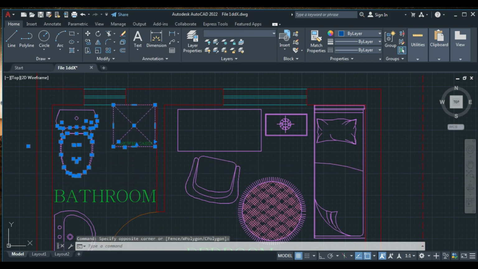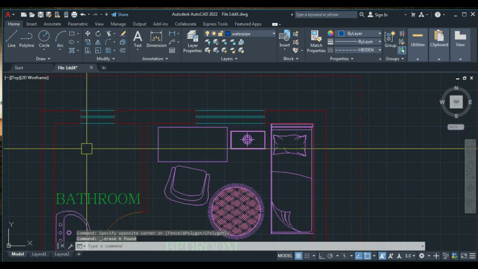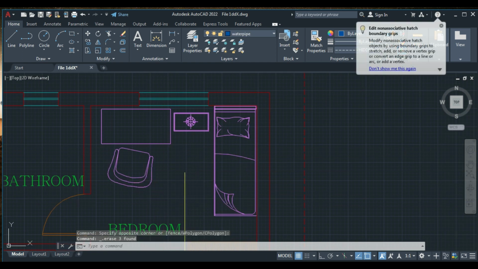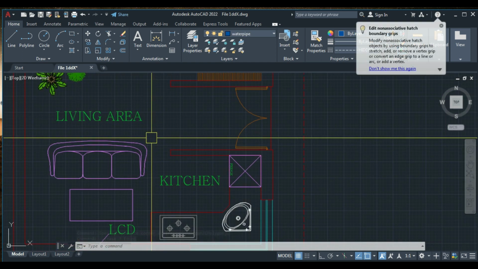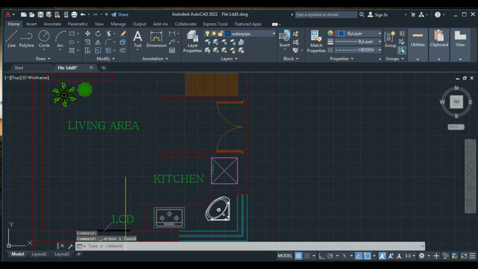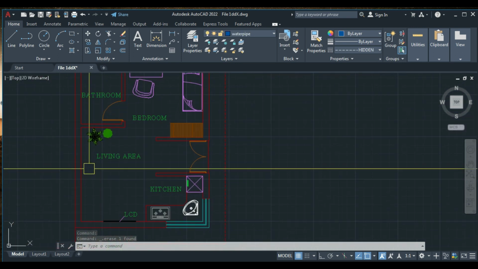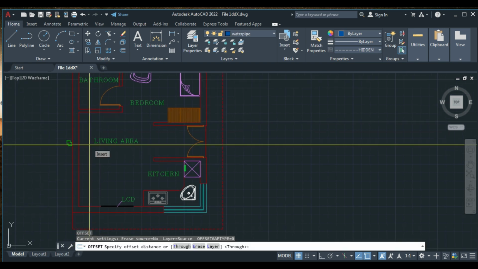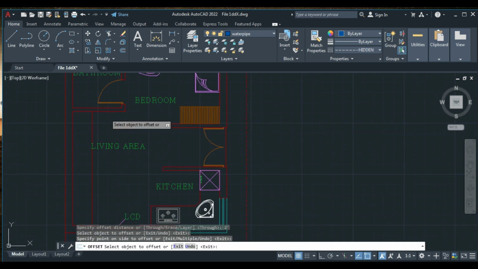Now we will delete all the unnecessary furniture and only keep electrical fixtures. Now we will take an offset of 2 feet from the walls.